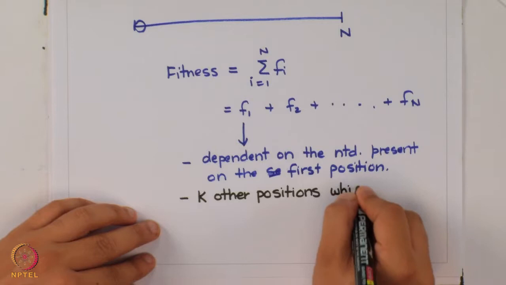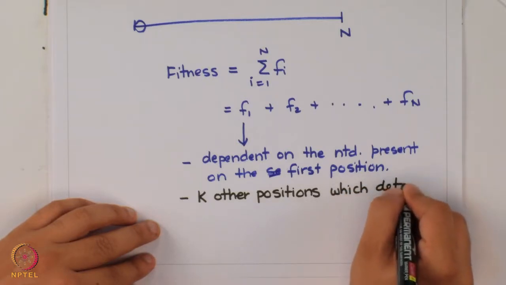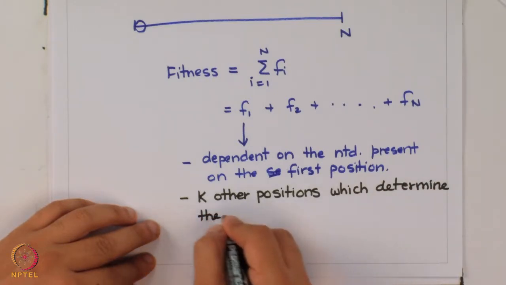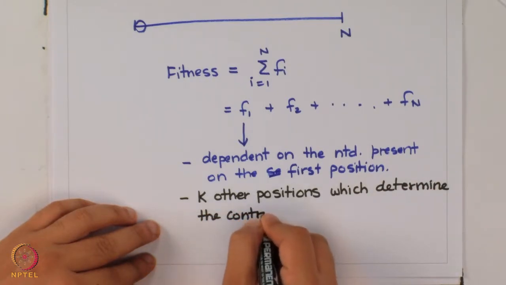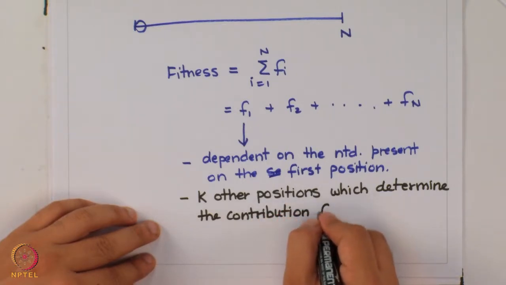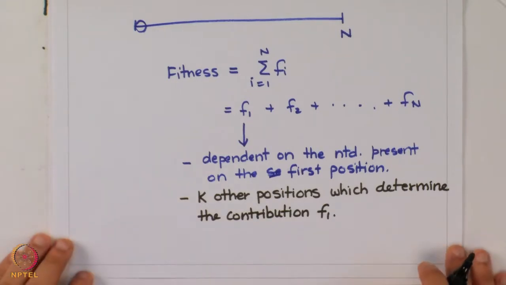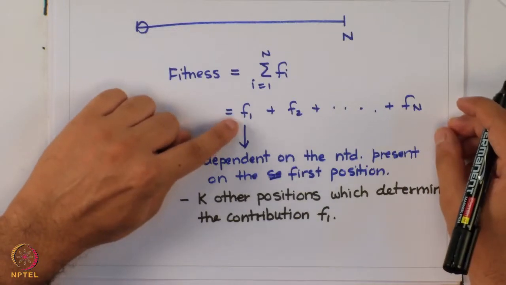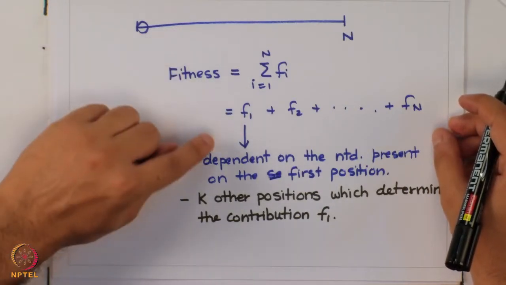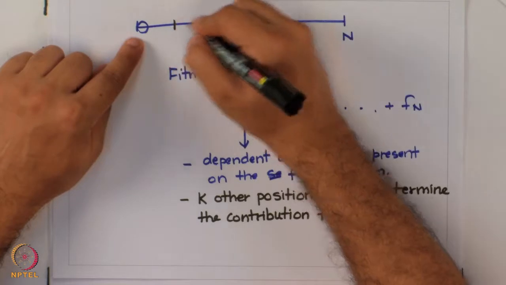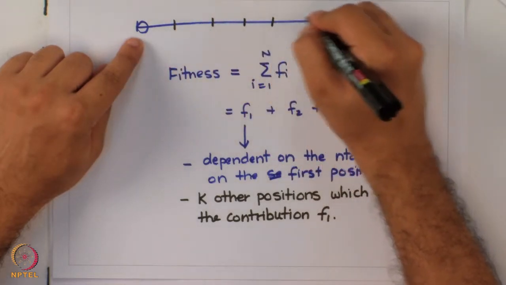which determine the contribution F1. So, what this says is that the contribution that comes from the first nucleotide is not just dependent on what nucleotide is present on the first position, but is also dependent on K other positions elsewhere on this piece of DNA.